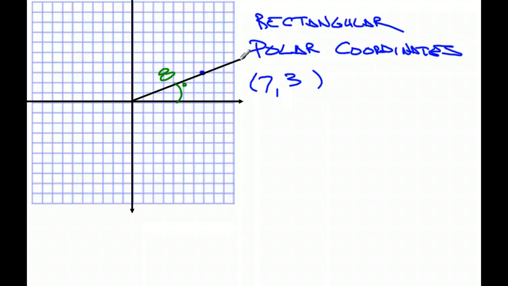Because we're taking this line and moving it up to, let's say, 30 degrees, and then drawing that line. So we are given 2 bits of information, 2 coordinates, but instead of right and left, up and down, we're giving an angle and how long that hypotenuse is.